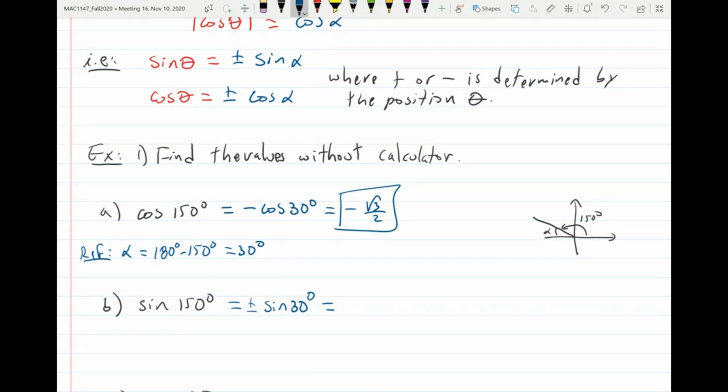You need to focus on the quadrant. 150 is in quadrant 2. What do you know about sine in quadrant 2? It's positive. Therefore, we pick the plus. So it's going to be positive sine of 30, and this is 1/2. That's the sine and cosine of 150. Questions?